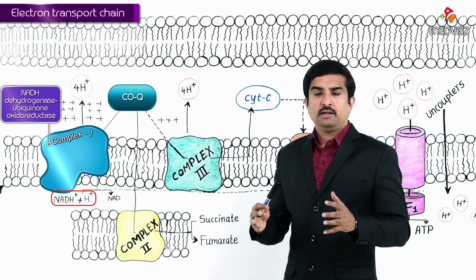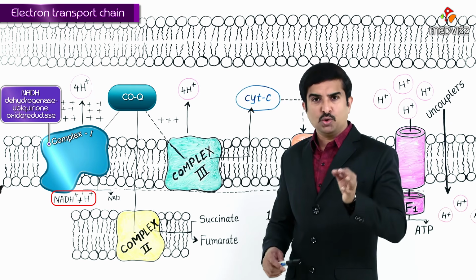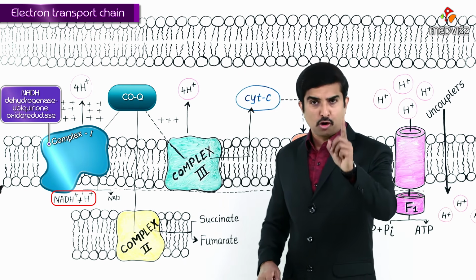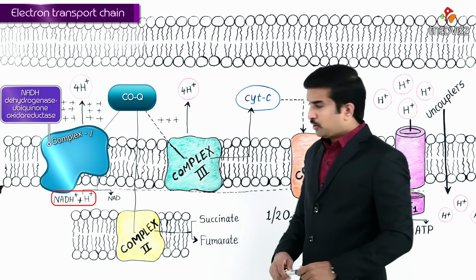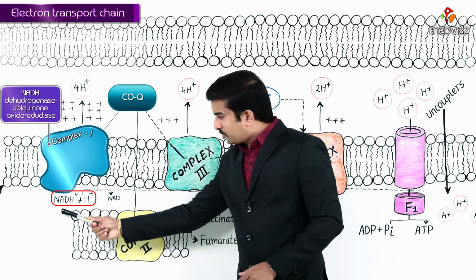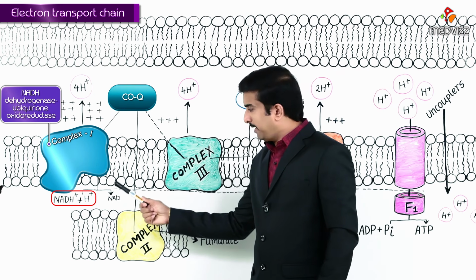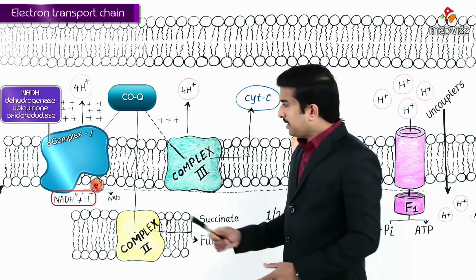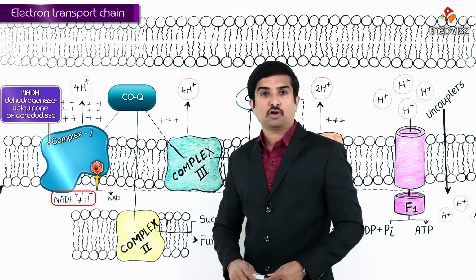Whatever may be the metabolic pathway which produces NADH, it has to enter into the electron transport chain from complex 1. So the NADH so produced in the mitochondrial matrix by means of various metabolic reactions enters into the electron transport chain at complex 1.